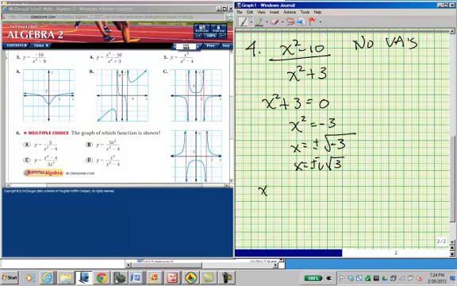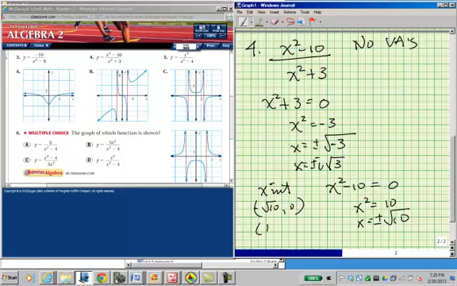What about x-intercepts? Well, we'll take the numerator and make it equal to 0. X squared minus 10 equals 0. Okay, x squared equals 10. X equals plus minus the square root of 10. Now if we look, square root of 10 is around 3. You can see that this graph has, at minus root 10, y is 0. And at positive root 10, y is 0.